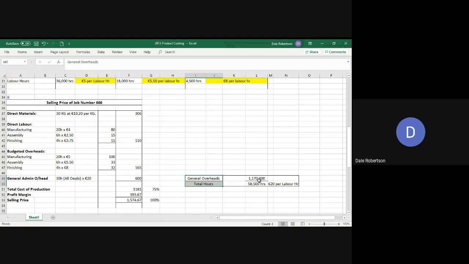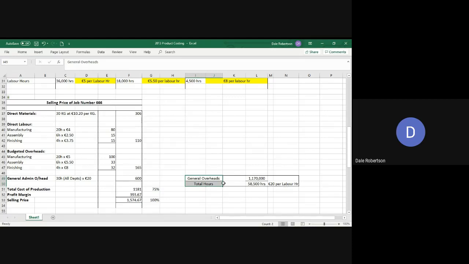Well, you're given 1,170,000 divided by the total amount of hours, and you have to add up the total labor hours for all three departments. And when you divide that in, you get €20 per labor hour. That's for all of the office administration, all of the secretarial work, all of the payroll work, all of that.